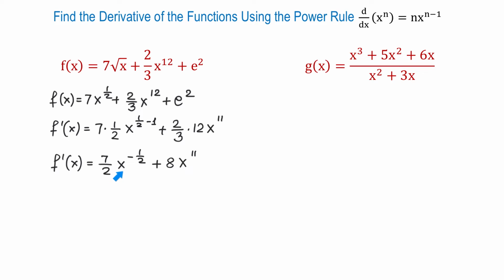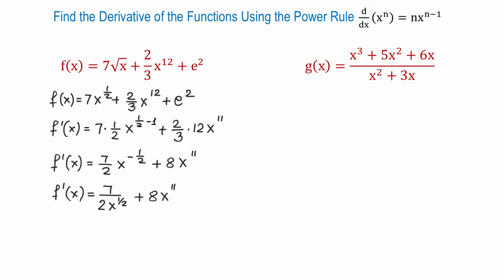Then, because this x has a negative exponent, we will move it down to the denominator, and the exponent will become positive. Then we will have f prime of x equals 7 over 2x to 1/2 plus 8x to 11.